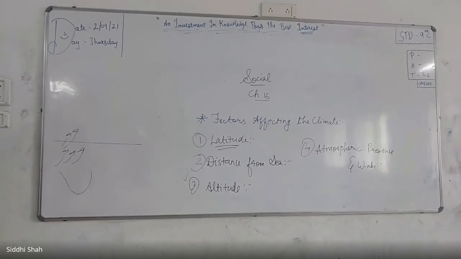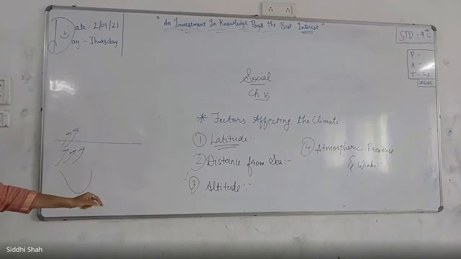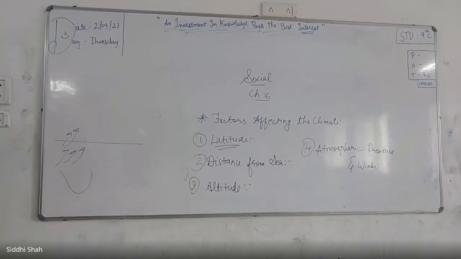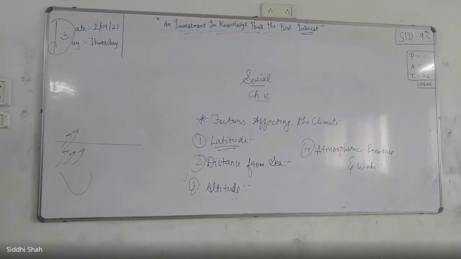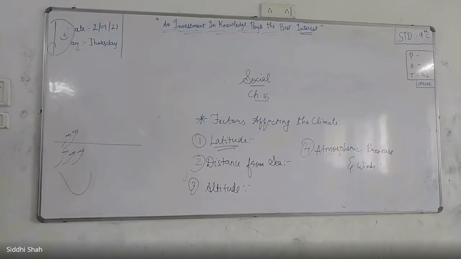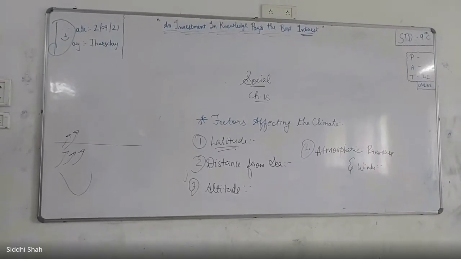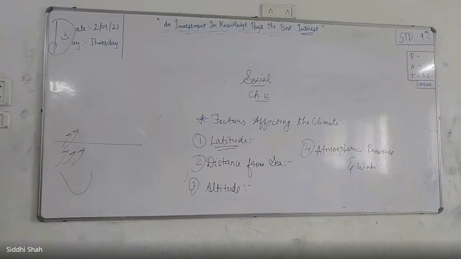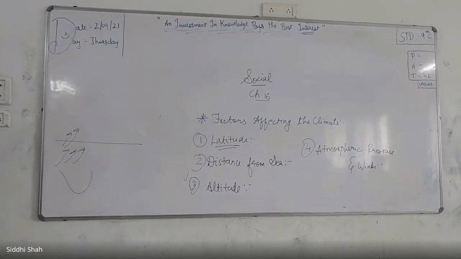Distance from sea. The distance of landmass from sea is another important factor affecting the climate. Water and land have different capacity to absorb and release the solar heat. As a result, coastal regions experience temperate climate, while the climate is continental in the interior places away from the seacoast.